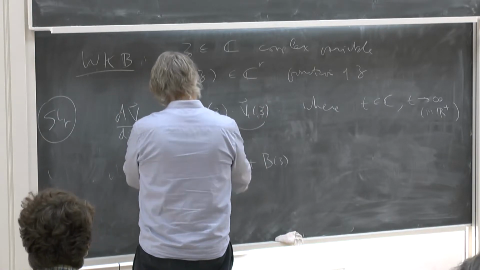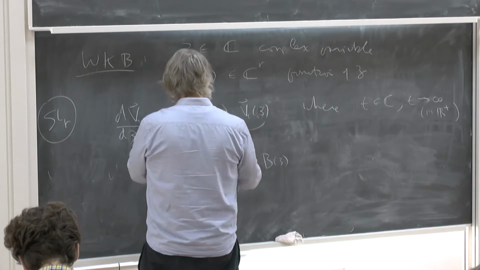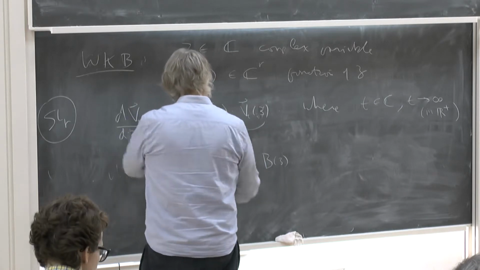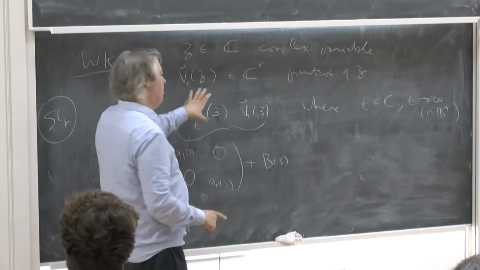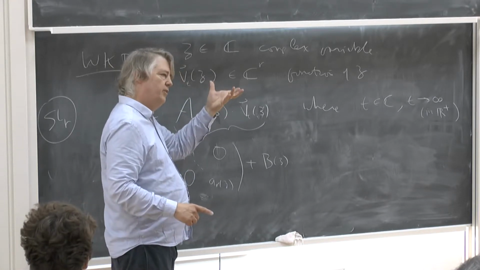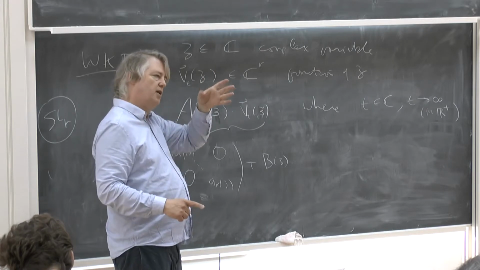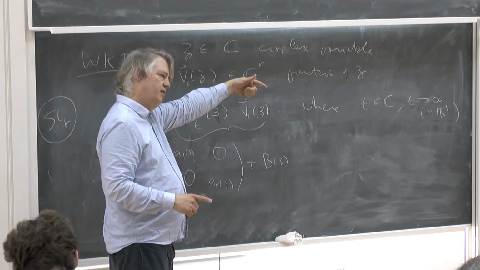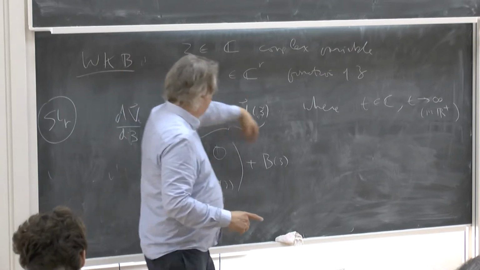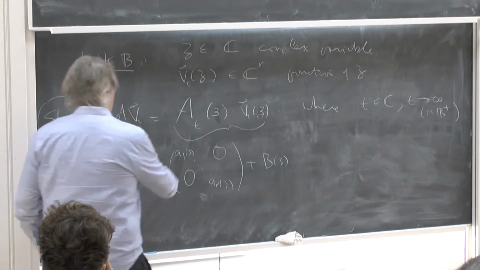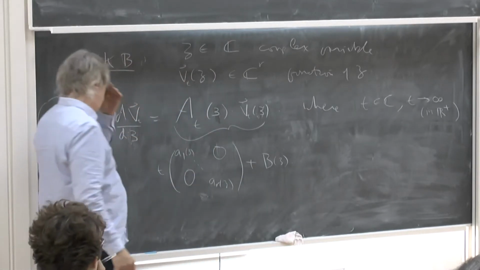Locally, away from singularities, you can always turn it into a case like that, because you can diagonalize the large part of the matrix. Diagonalizing the large part gives you a gauge transformation that doesn't depend on t, so it can be absorbed into the other part of the matrix. So you can always assume that the big part of the matrix is diagonal.